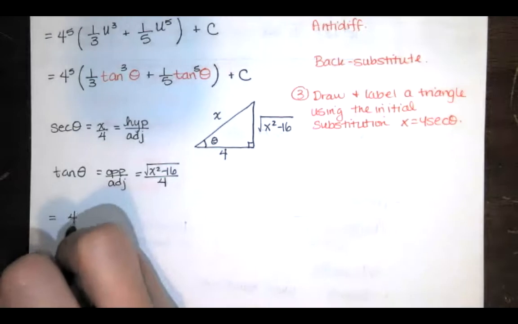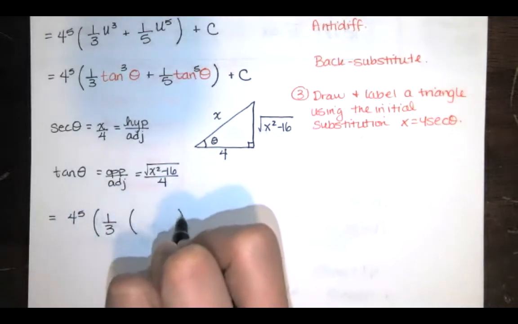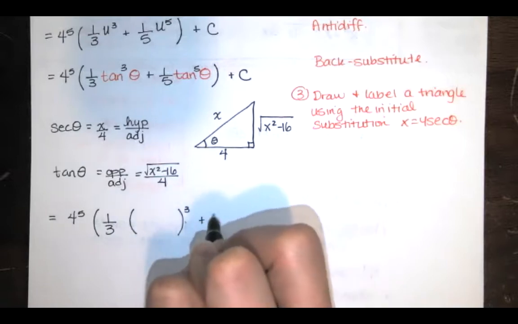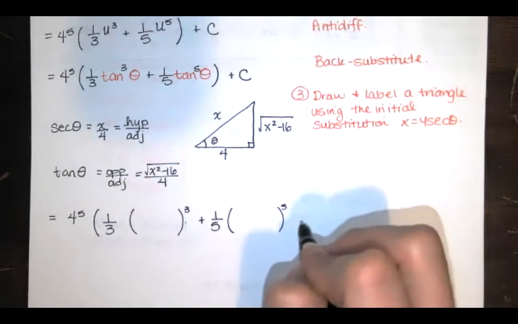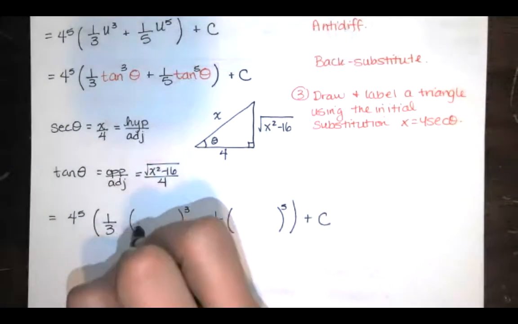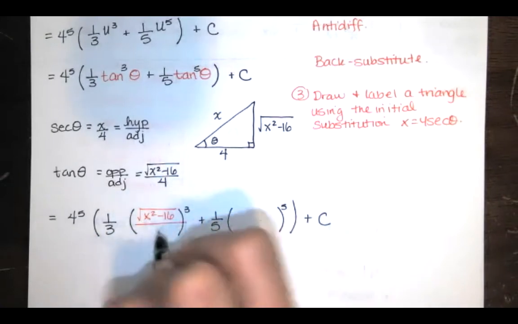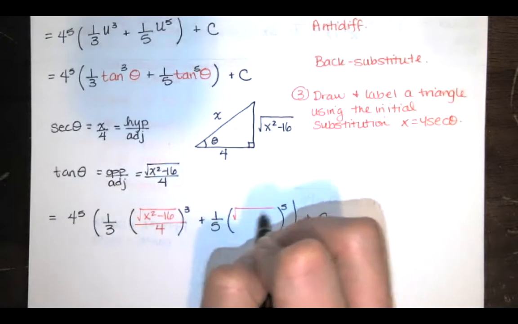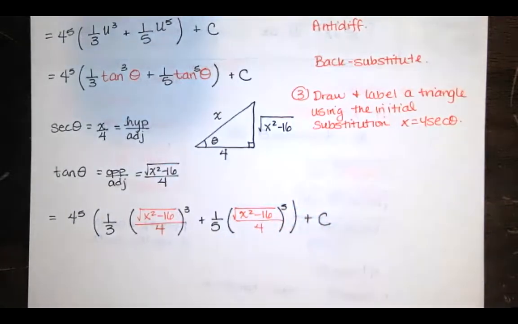So we have 4 to the 5th times 1/3 times tangent of theta cubed plus 1/5 times tangent of theta to the 5th plus c. And tangent of theta is the square root of x squared minus 16 over 4, sorry.